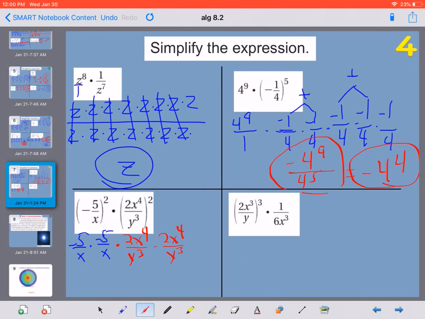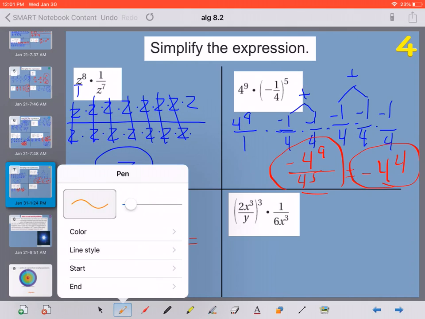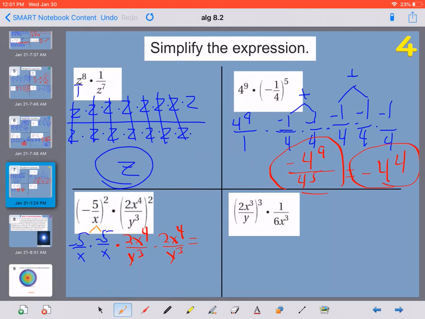So if we simplify this, negative 5 times negative 5, that's 25.